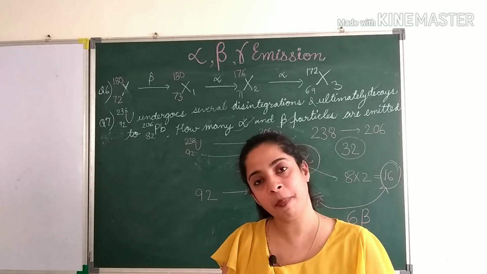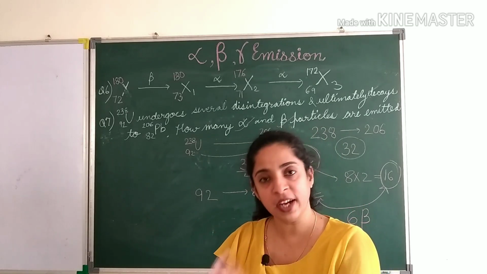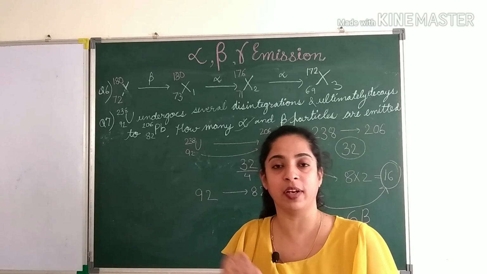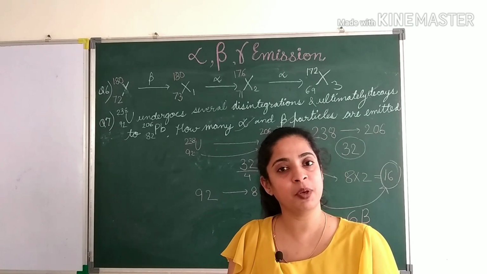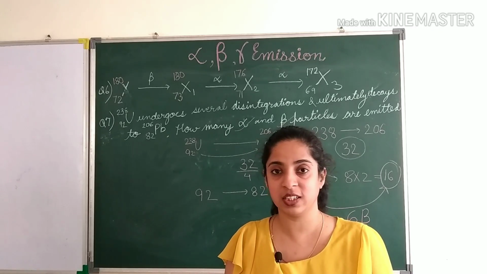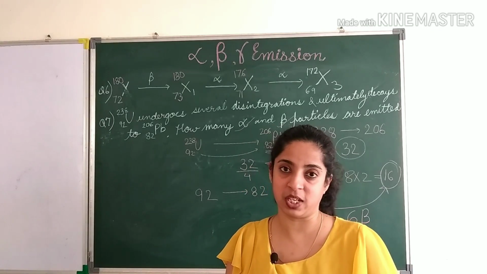And in case of beta particle हम atomic number 1 add कर देते हैं. So it will come to the next position of the atom in the periodic table. So periodic table में अगर किसी atom का alpha particle emit किया है तो वो उसके 2 पहले आ जाता है, और अगर बीटा पार्टिकल एमिट किया है तो उसके एक बाद वाली पोजीशन पे आ जाता है.